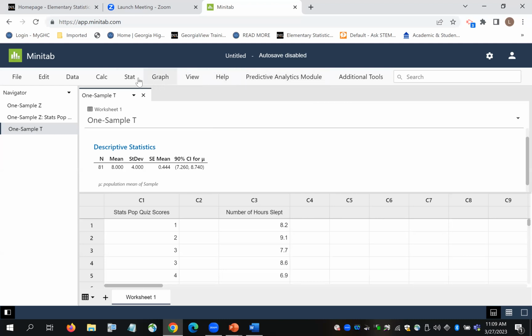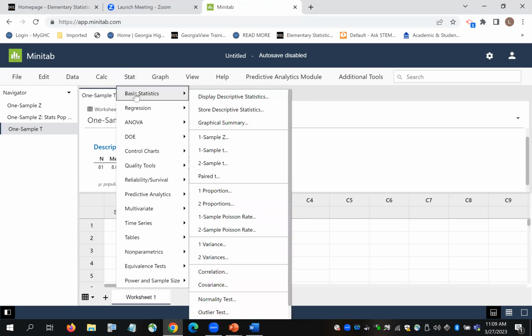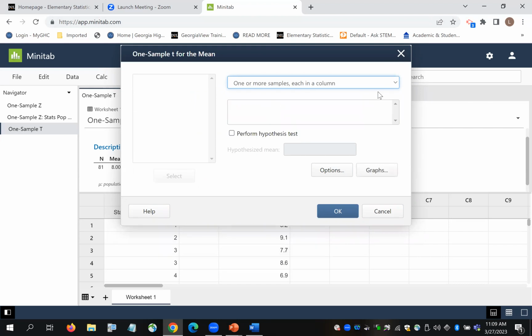Now I'm ready to do the calculation. We go to Stat, Basic Statistics, 1 sample T. Oh, I'm sorry, we have raw data. I've got to tell it I have one or more samples each in a column, because I know I have 12 samples, but I don't know the other information.